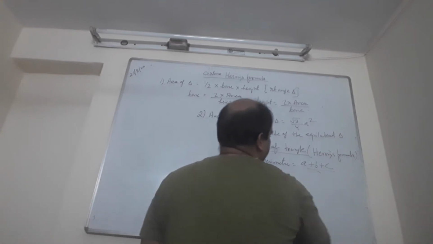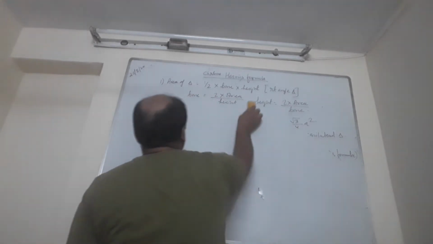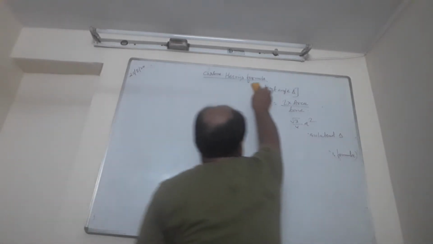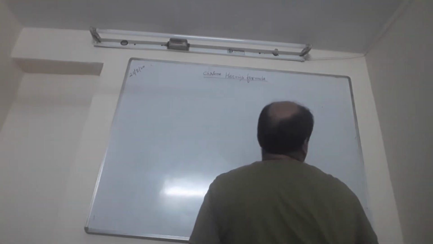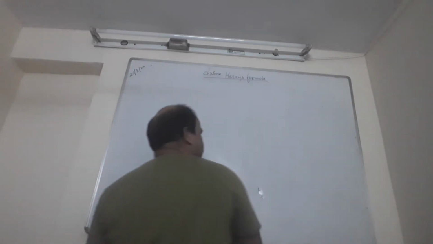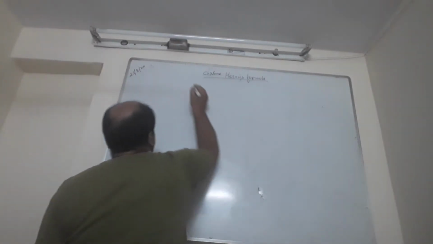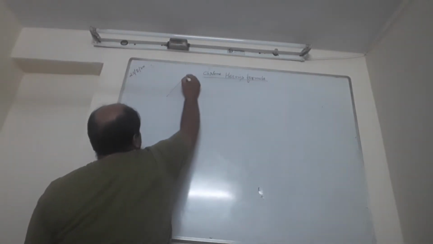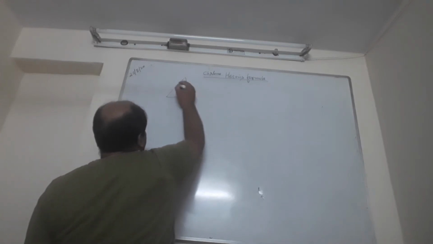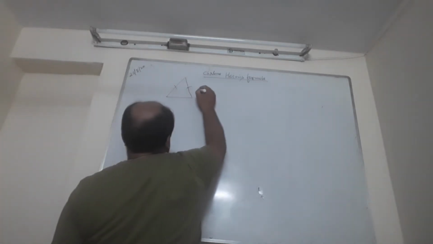First of all, we should know some concepts of different types of triangles, because perimeter of triangles and area of triangle are helpful here. All of you know, I think, the isosceles triangle, in which two sides are equal.